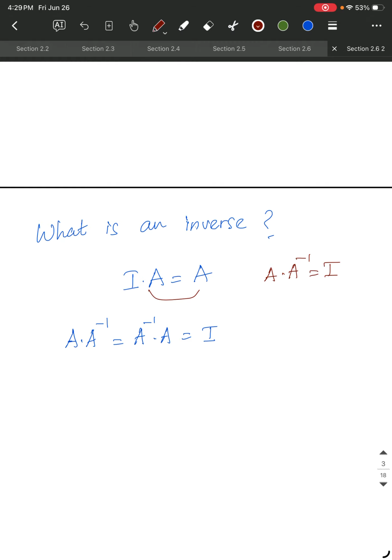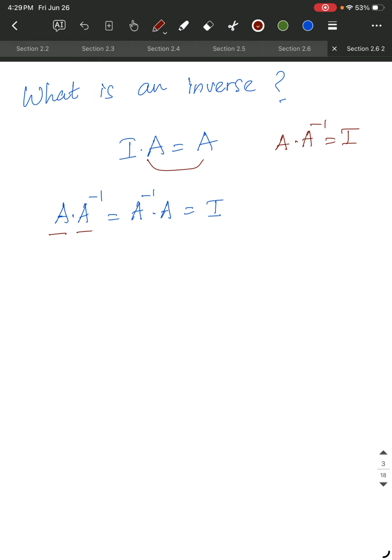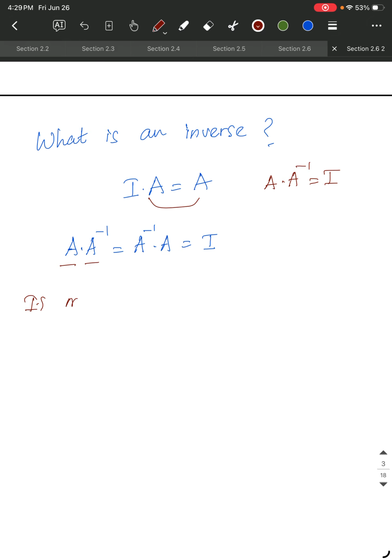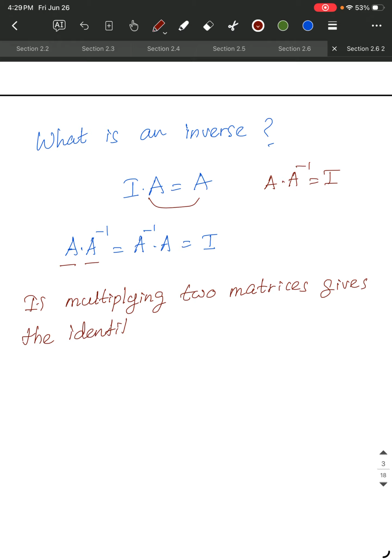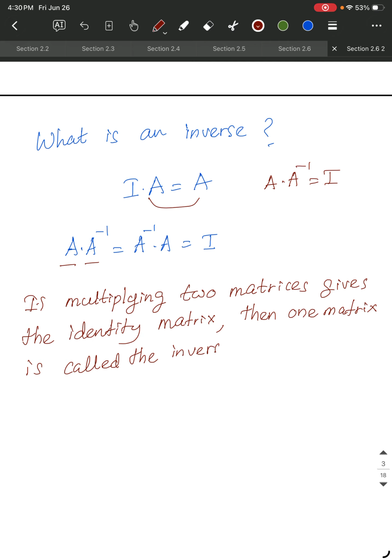If multiplying two matrices, so here we have A and A inverse, two matrices, gives the identity matrix, then one matrix is called the inverse of the other, right?